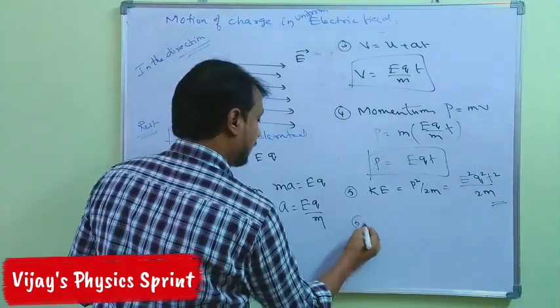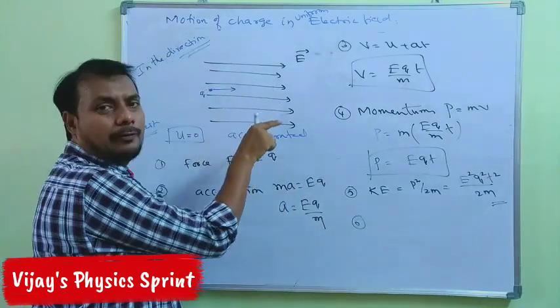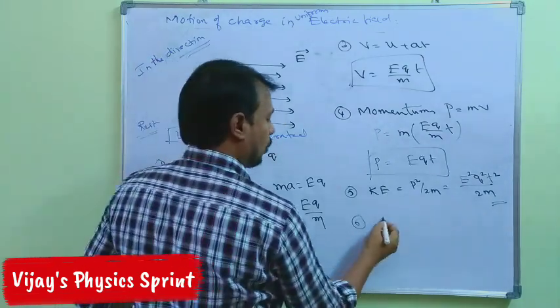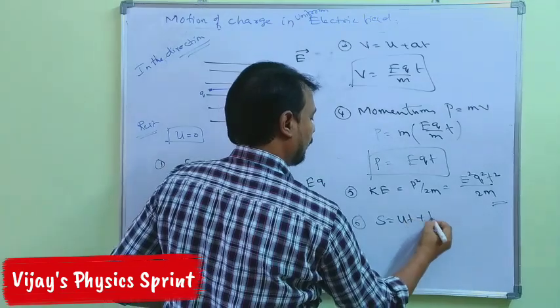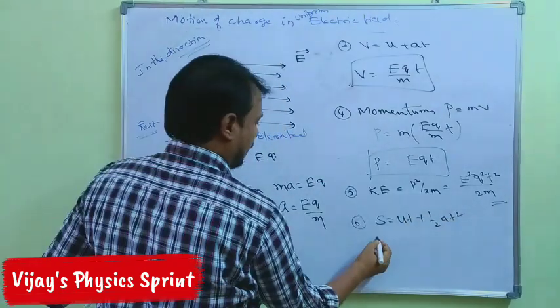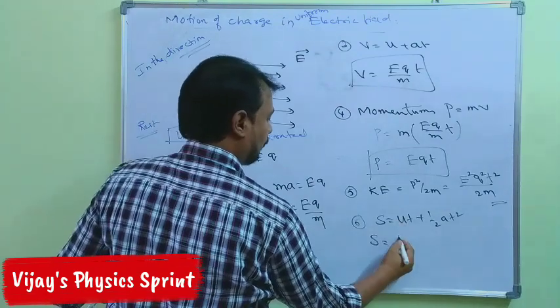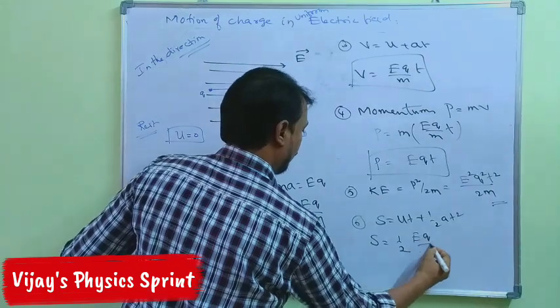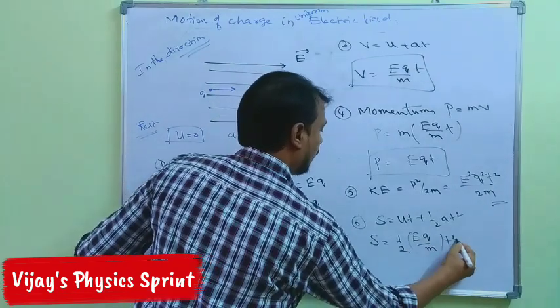And how much distance is traveled in the uniform electric field? How much distance is traveled by this charge? So the distance s is equal to ut plus half at square. s is the distance, u is 0, half of acceleration, that is EQ by m, into t square.